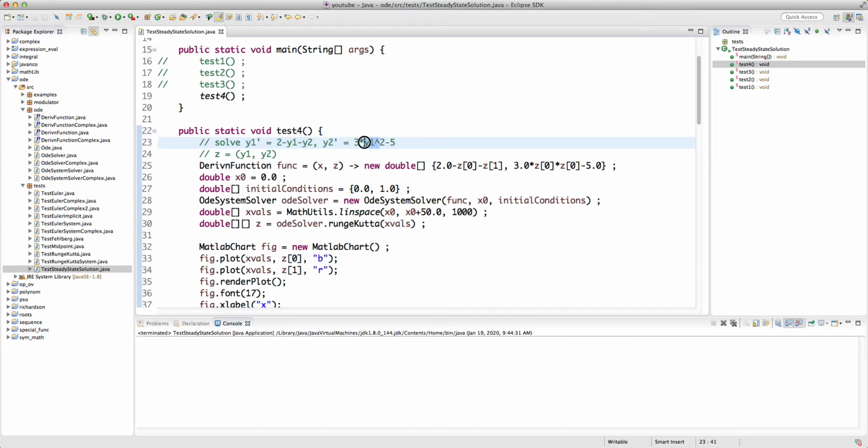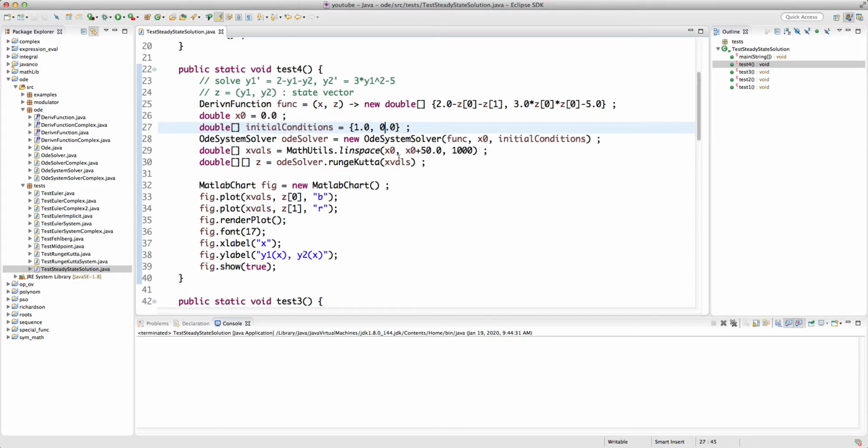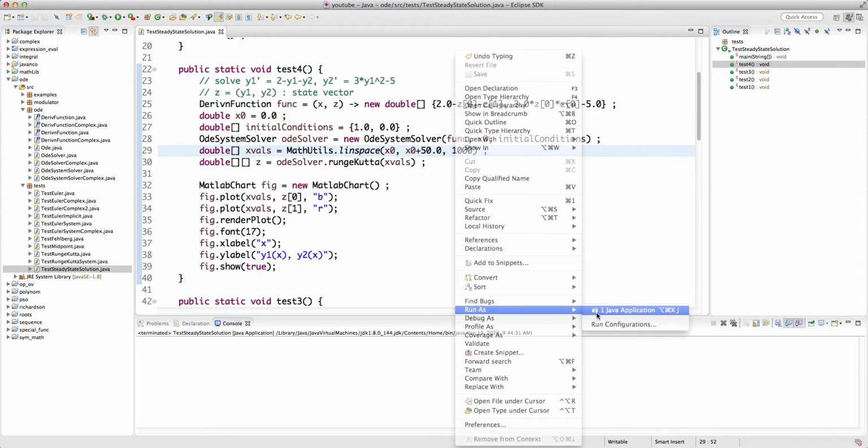So here we have y1 squared, and this is our derivative function, 2 minus z0 minus z1. z is our state vector, and 3z0 squared minus 5, initial conditions for y1, y2, let's say 1 and 0, all right? And we're solving the ODE for x0 to x0 plus 50 using Runge-Kutta fourth order.